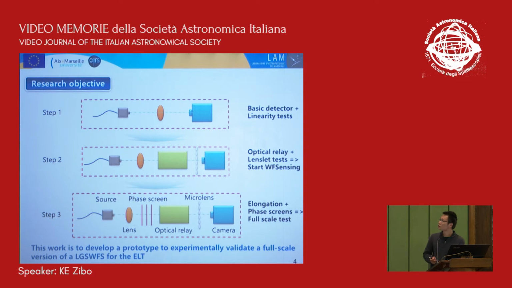It includes the source, lens, and the detector. And we make the linearity test. In the second step we will add the optical relay and the lenslet array to start the wavefront sensing. And in the third step, we measure the elongation and add the phase screen to make a full-scale test. So this work is to develop a prototype to experimentally validate a full-scale version of a laser guide star wavefront sensing for the ELT.